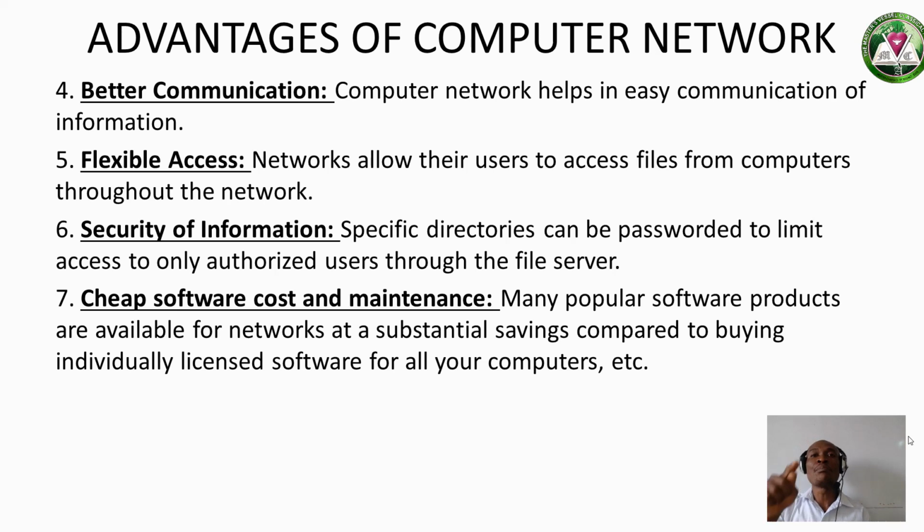Or you can begin work on computer A and finish it off on computer C. Since the computers are in a network, you don't need to stay at one computer, assuming it's occupied, waiting for it to be free. You can have access to that work through other computers because they are in a network. So flexible access is an advantage of a computer network.